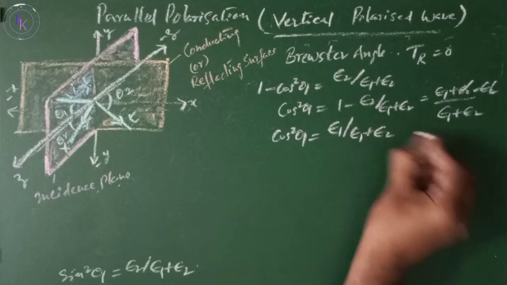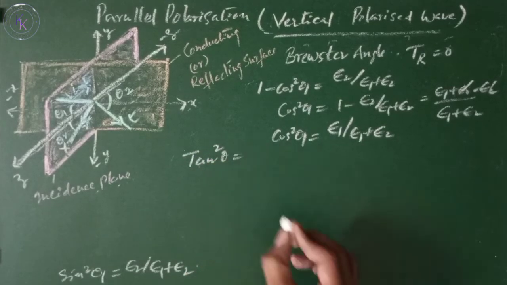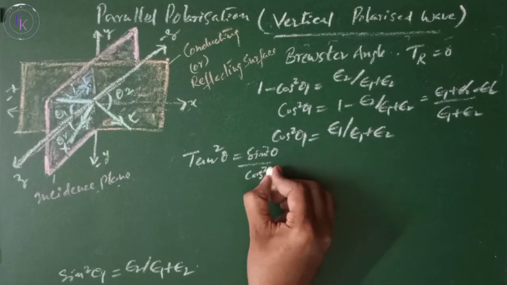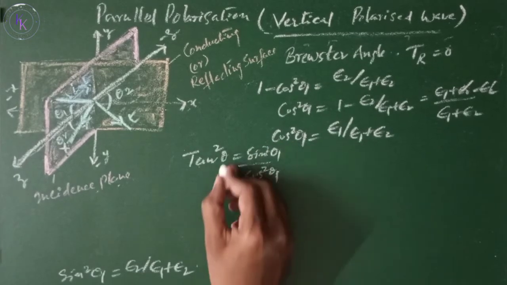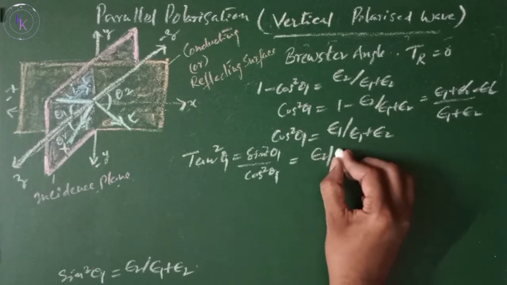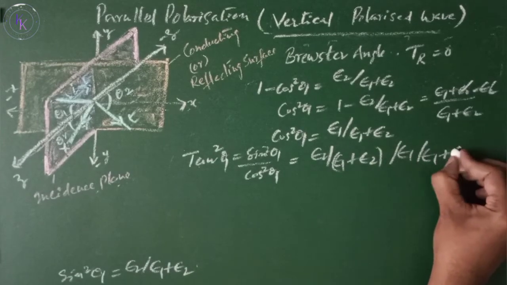Try to find out tan²θ1, which equals sin²θ1 divided by cos²θ1, that equals (ε2/(ε1 plus ε2)) divided by (ε1/(ε1 plus ε2)).